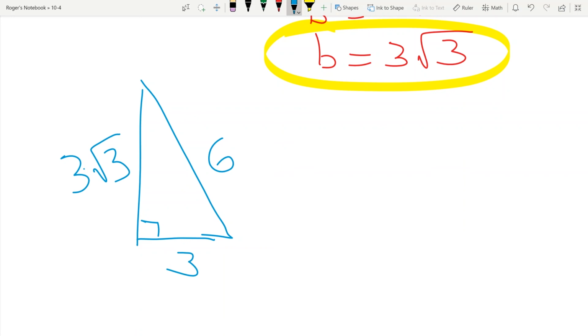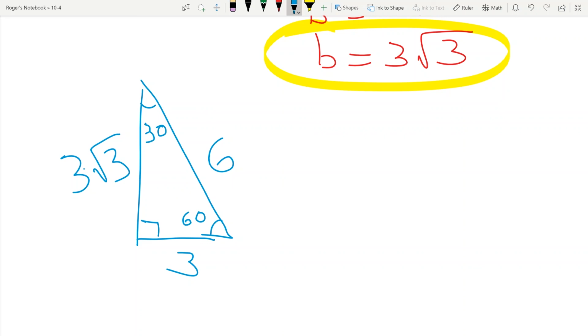Okay? 3, 6, 3 square roots of 3. It's a special one. And how can I explain this to you here? This angle down here is 60 degrees. This angle up here is 30 degrees. Okay? It's a 30, 60, 90.